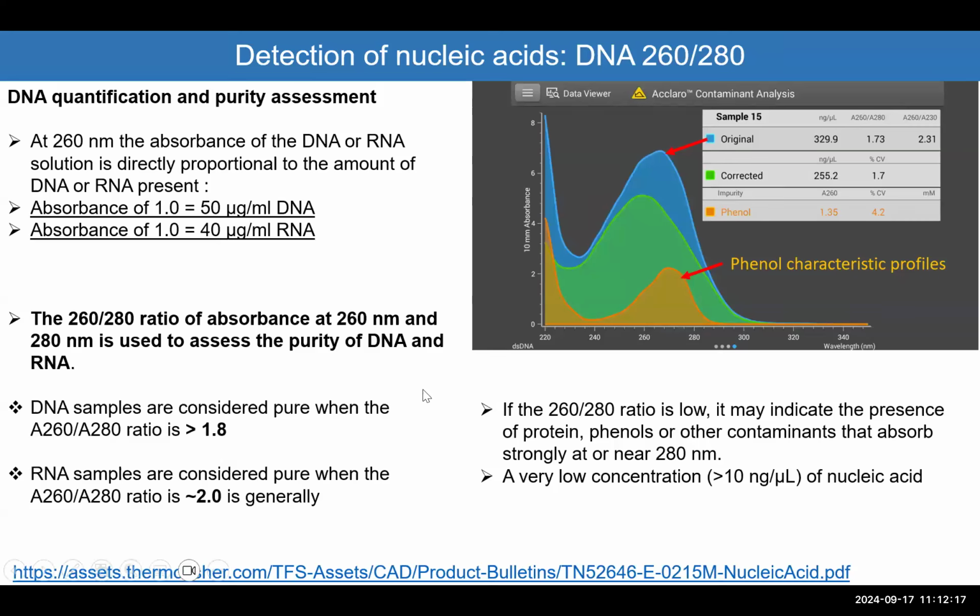For some reason, when you are taking the sample, when you are separating the aqueous phase from the organic phase, you carried some phenol with you. And that was the reason why you have a shift in the graph toward the 280.